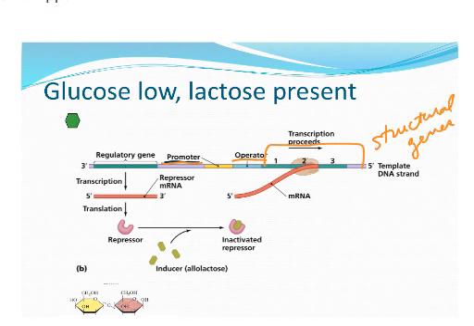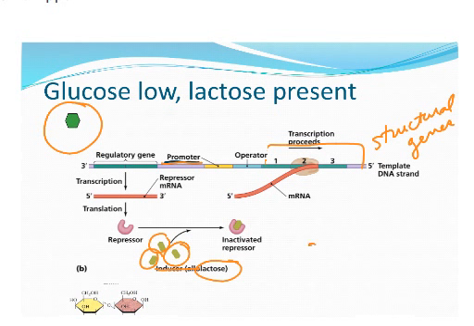Again, in a normal situation, when glucose, which is right here, this green ring, is present, the repressor is constantly made, and it would be bound to the operator right here, which would then block transcription. But in this particular case, that isn't what's happening, because if you take a look at the picture, there's very little glucose present. But in fact, you see these lactose molecules present. We'll just focus on lactose for now.